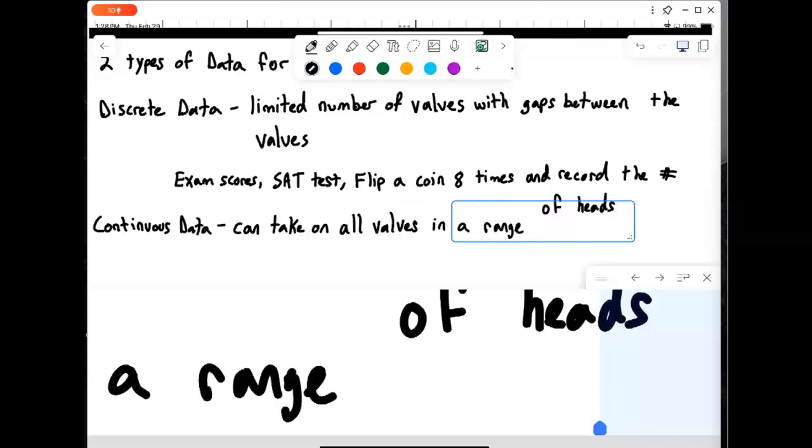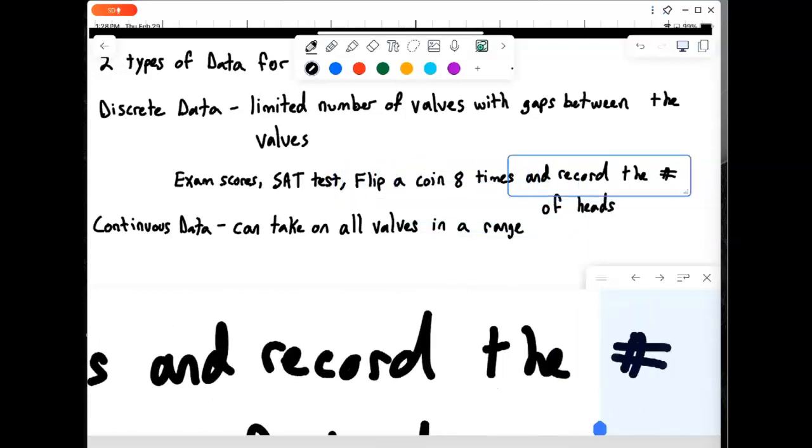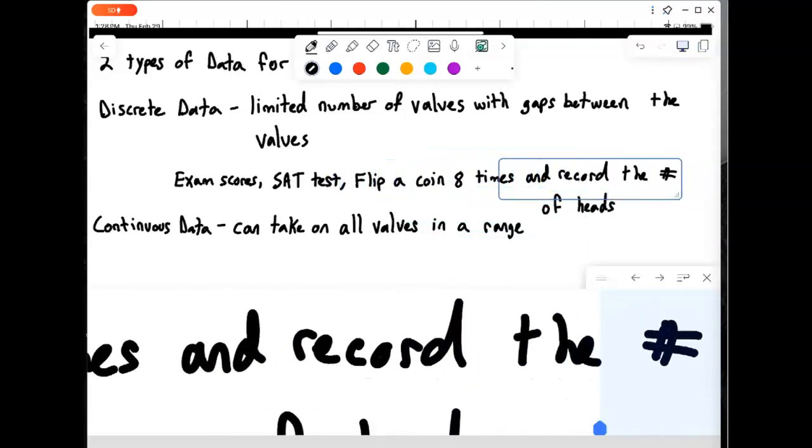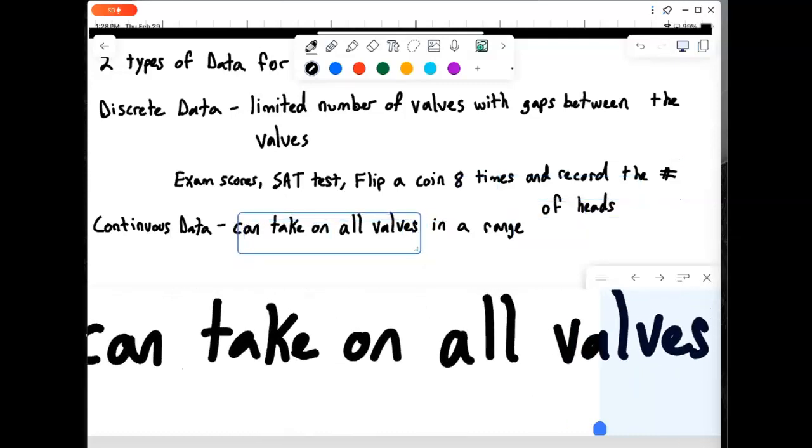Now, for our purposes, it's not going to make any difference. We're not really going to be dealing with this situation and having to set this up and work it out. That's something that you deal with in a regular statistics class. But continuous data can take on all values.